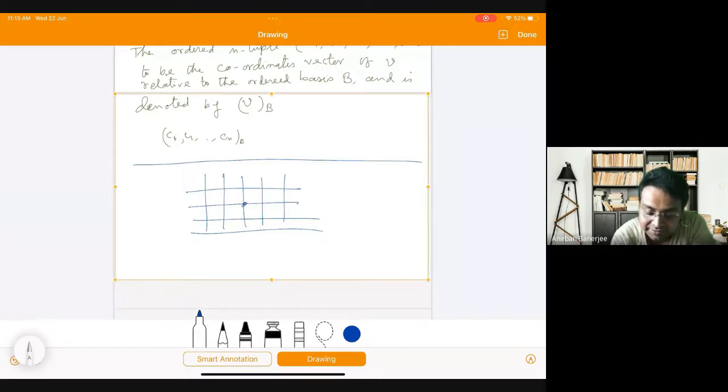You take the unit vector along this direction e1 and along the y-axis e2, and any vector can be represented by the coordinates. For example, if I say this is 1 comma 1, okay, so you know that this is e1 plus e2.